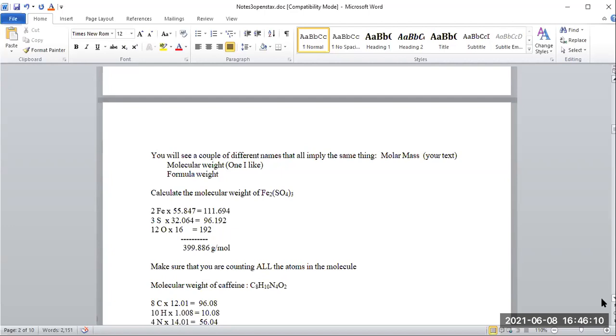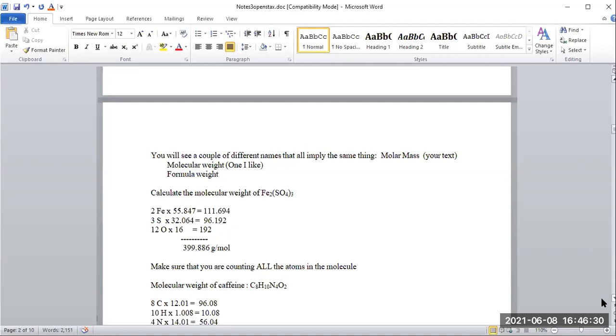And I have 12 oxygens. So list your elements, then figure out how many you've got. Then periodic table, look up the masses of those elements.